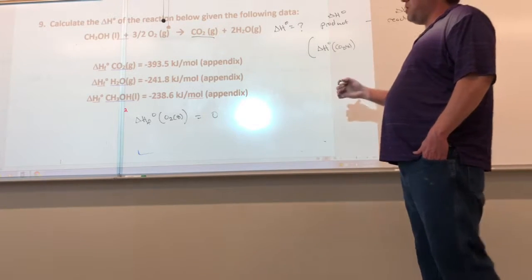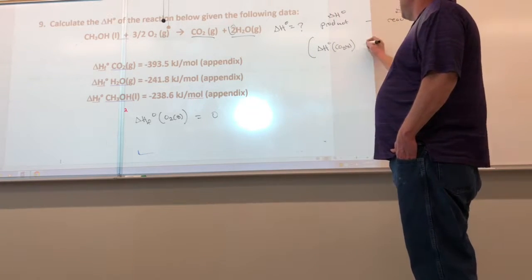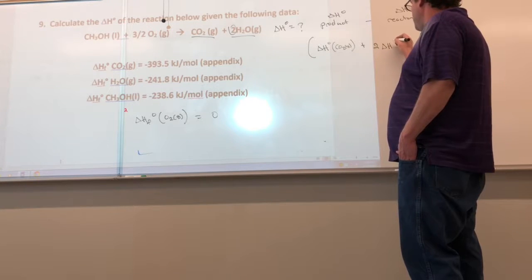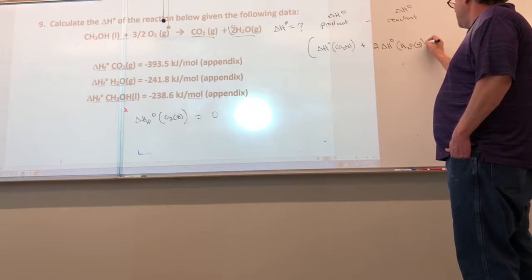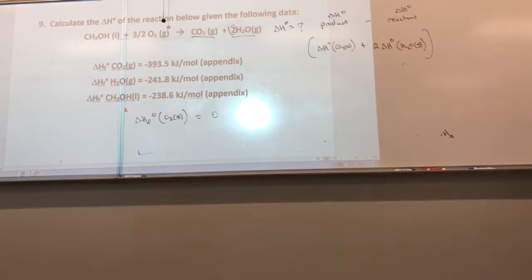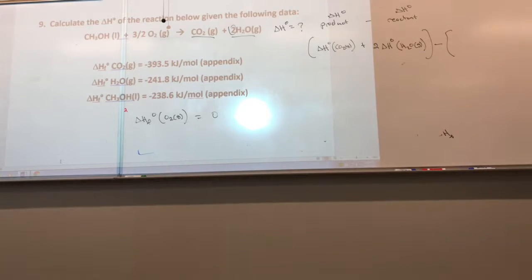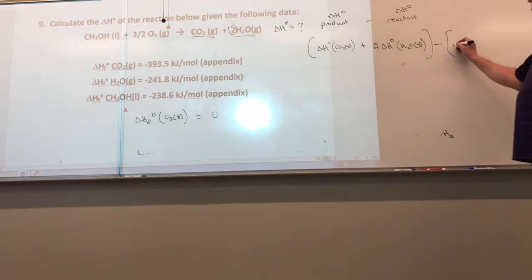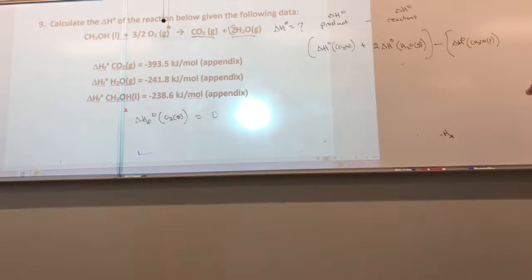Water. How many waters? 2 moles. So what do I need to do? Times 2. You take whatever that is for water and multiply it by 2. Okay, so there's my products. And I'm going to subtract that from my reactants. What are my reactants? I've got CH3OH liquid, one of them, and I've got 3/2 O2.